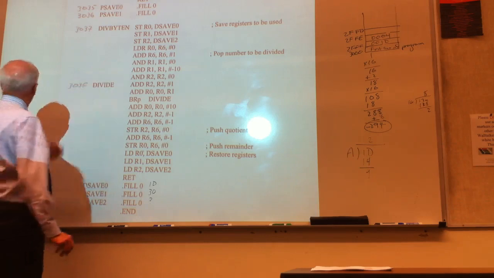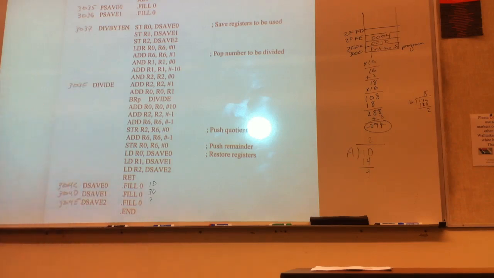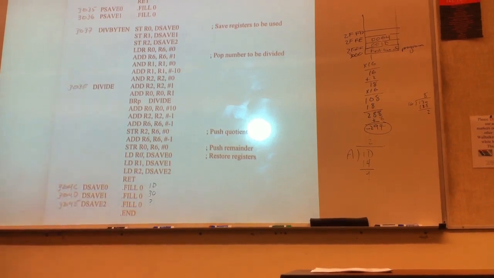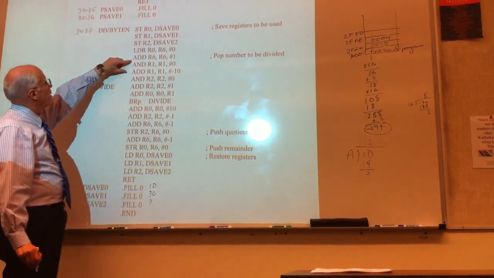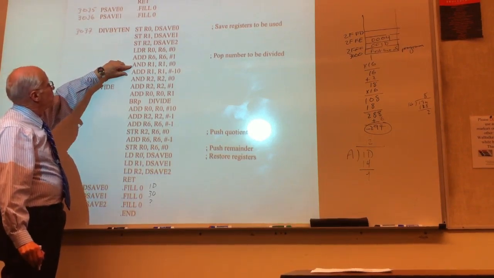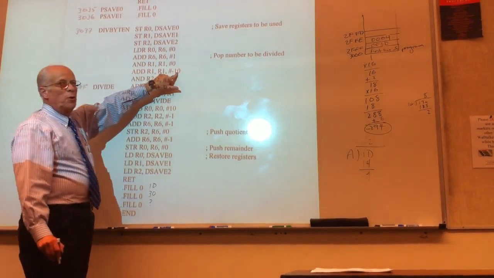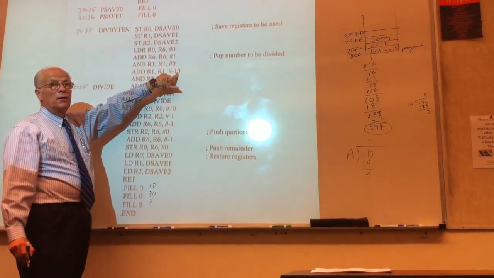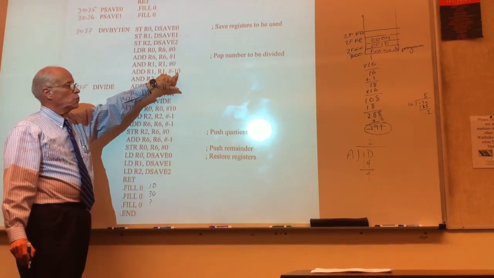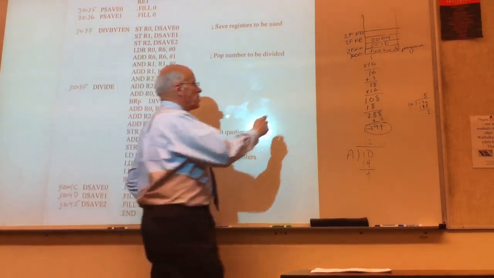We clear register 1. So we get a 0 in there. And register 1, I'm going to put a minus 10 in there. Ooh, what does a minus 10 look like?